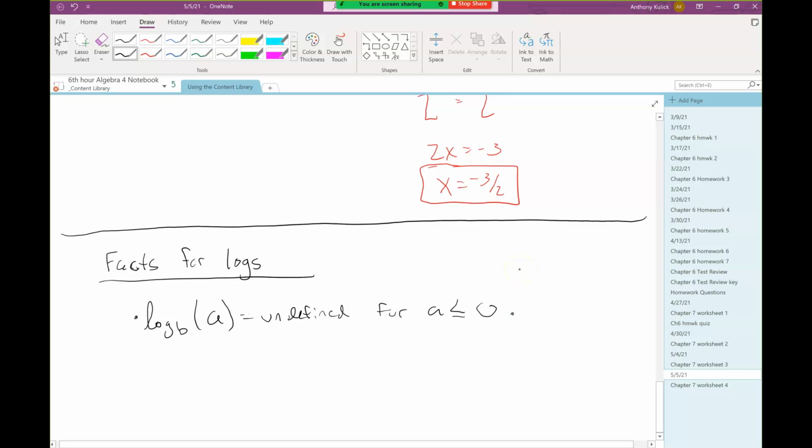So if A is not positive, you can't take the log of it. You get an imaginary result. And we're never going to worry about what the imaginary result is in this class. That's beyond the scope of this class. So you would just say undefined or non-real answer. So you can't take the logarithm of anything that's negative, and you can't take the logarithm of 0.